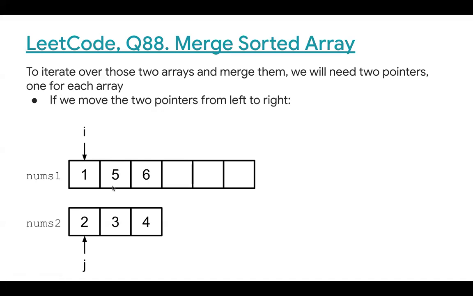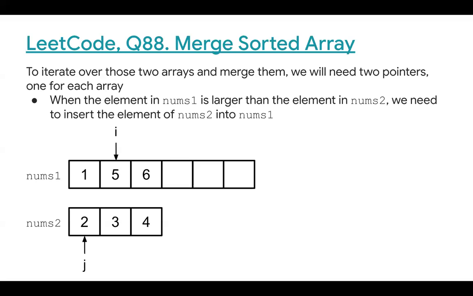So we could move pointer i to the next element, right? And now i points to the element which is equal to 5, and because 5 is larger than 2, we have to insert 2 into nums1. And we have learned this operation, a basic operation from the previous lecture.